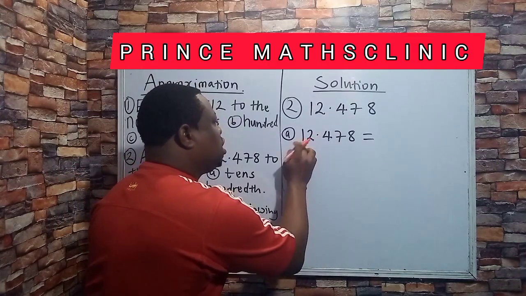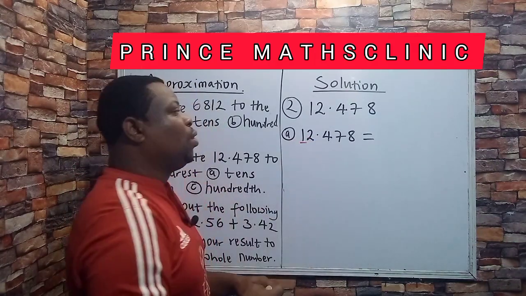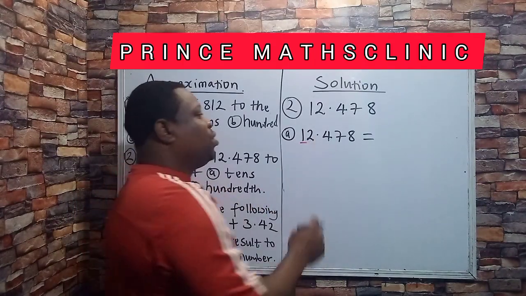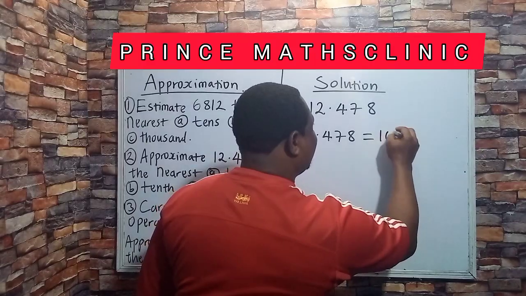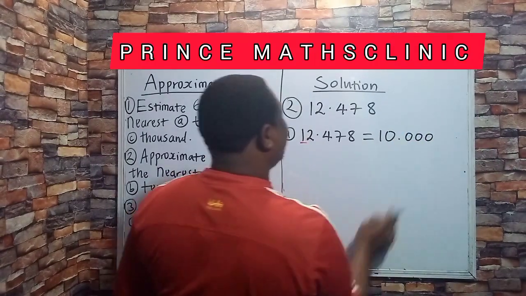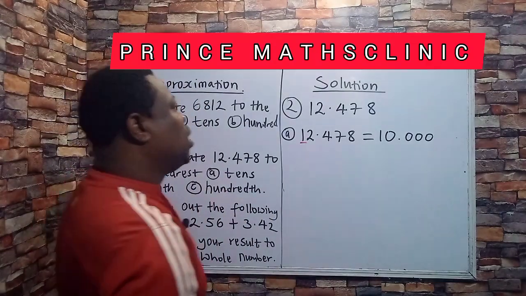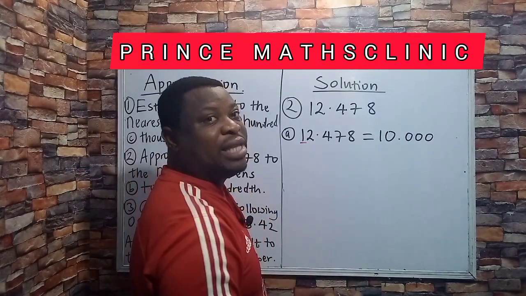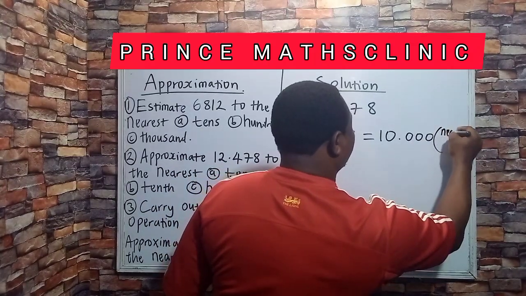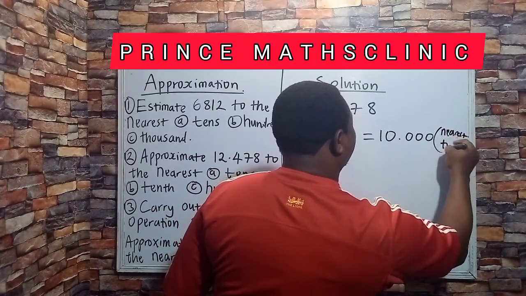Remember, this is unit, this is tens. So, to the nearest tens, the number after it is not up to 5, so it becomes 0. So, this becomes 10.00. We just put the zeros there to occupy that space. So, at the end, we say nearest tens.